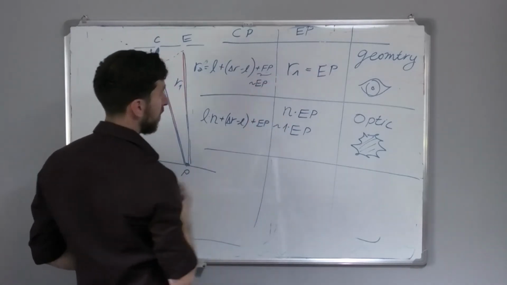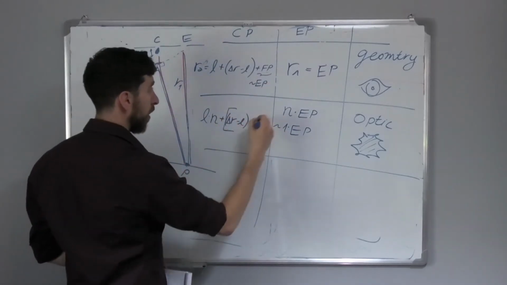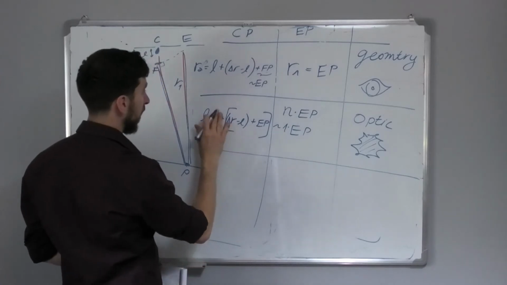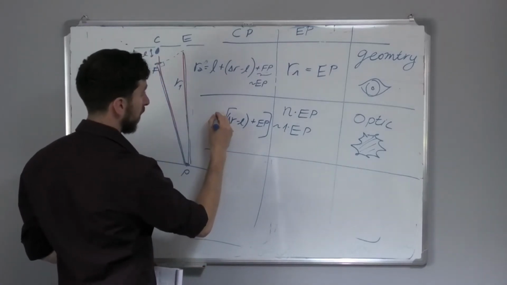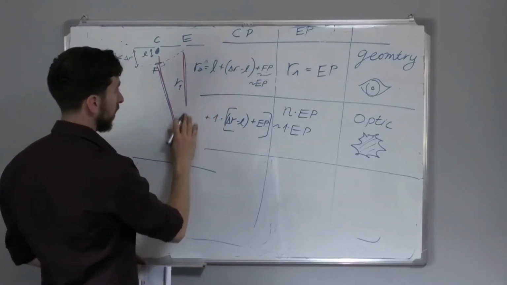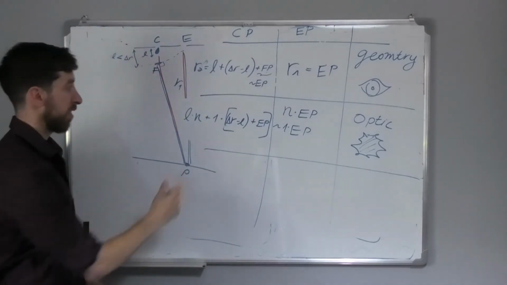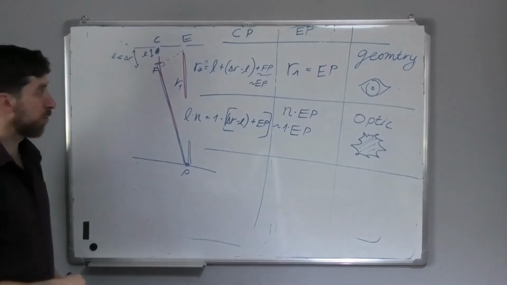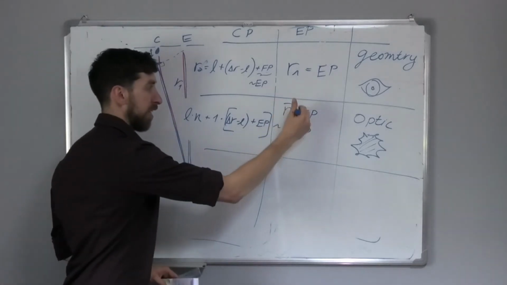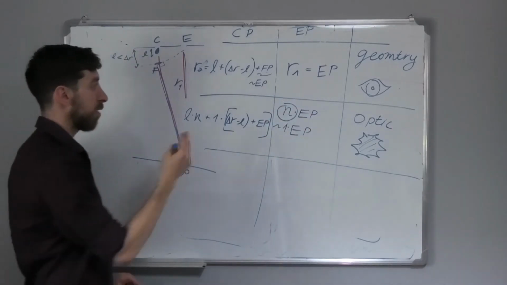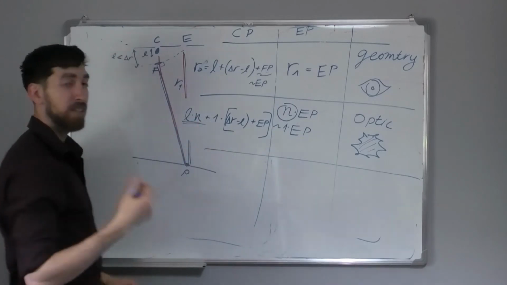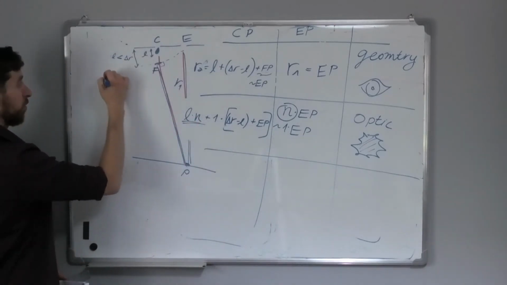We said FP is equal to FP, and this one is through air, so it can be multiplied by 1, plus L multiplied by n. So you see the difference? This index actually changes the equation.